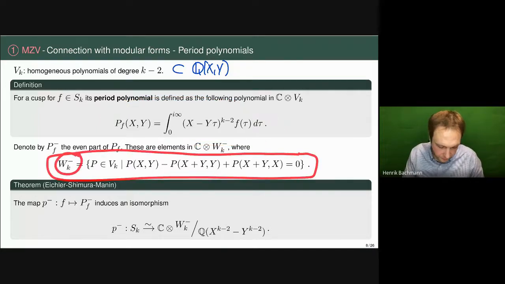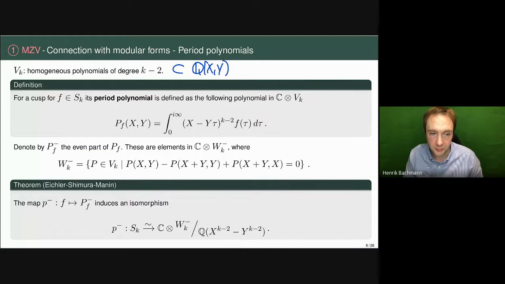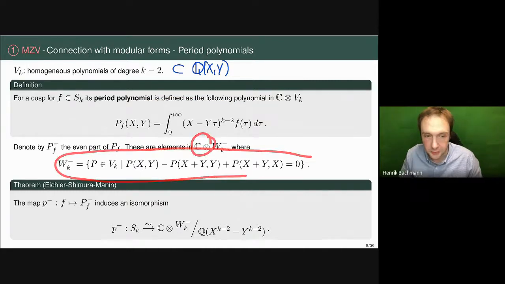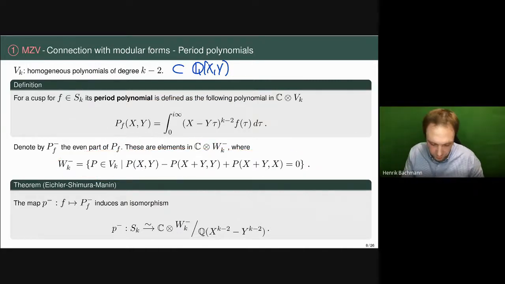W_k^- are all polynomials of homogeneous degree k minus 2 which satisfy this simple relation here. And then one can show that this integral is in this space after extending scalars. The proof just uses the modularity properties of the function f.